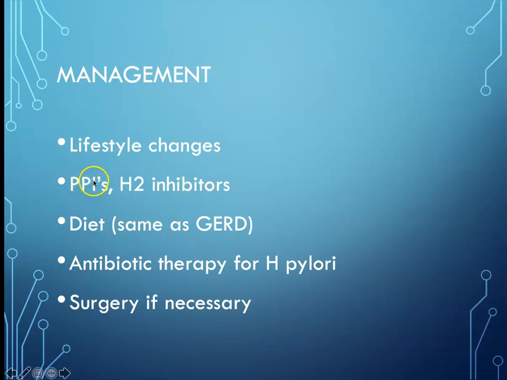And like I talked about before, the PPIs should be given with instructions to the patient, if they're on Coumadin, that they need to monitor their Coumadin levels, basically their INR.